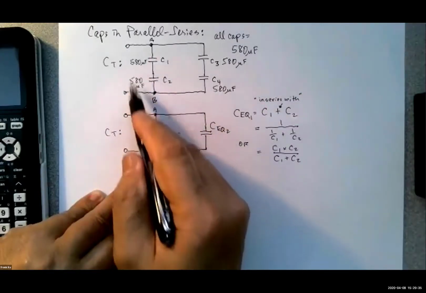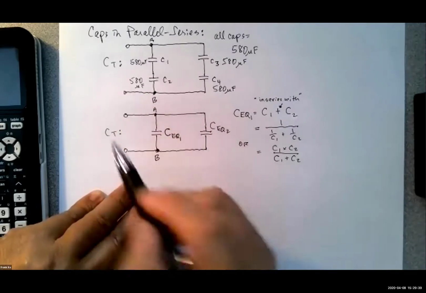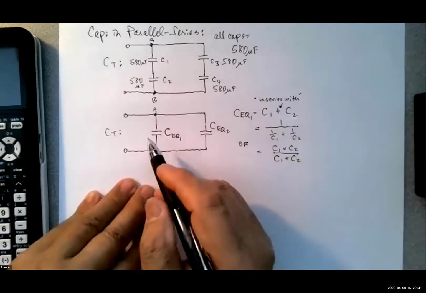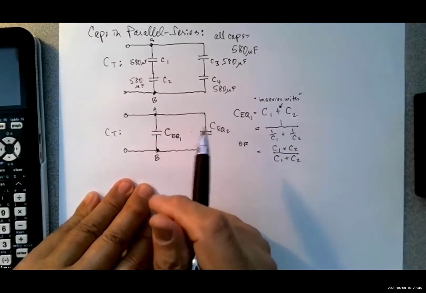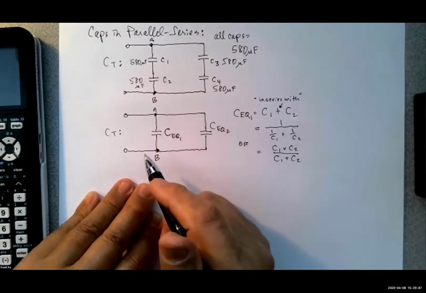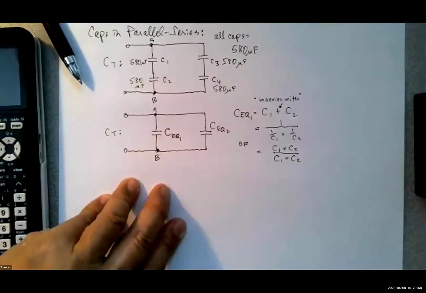If I got a pair of these in series, then their equivalent must be less than that. Are you reminded of a shortcut? Half, yeah. We had a shortcut.